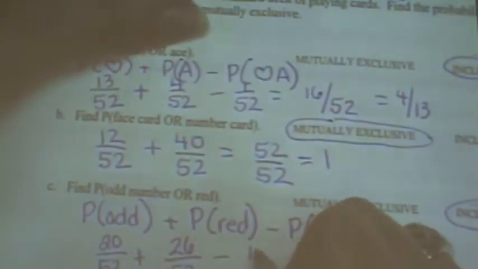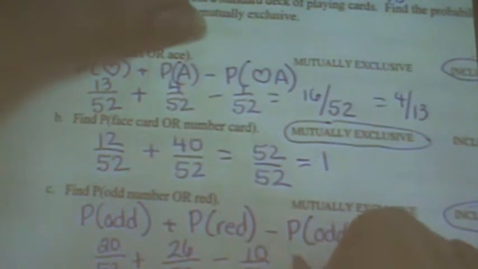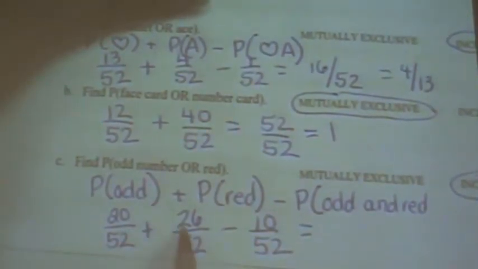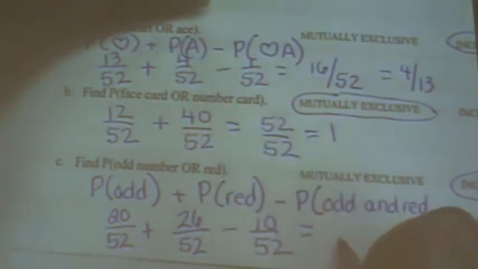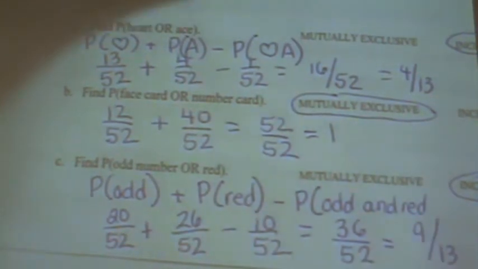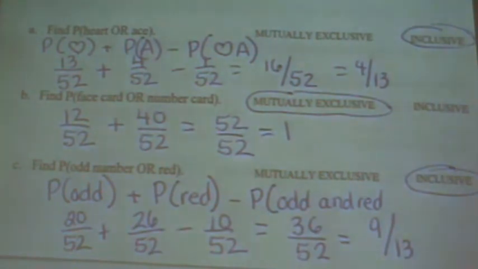So we have 2, 4, 6, 8, 10. So what do you get here? This is 46. 46 minus 10 is 36 over 52, which reduces to 9 over what? 13. Yep. And there it is.